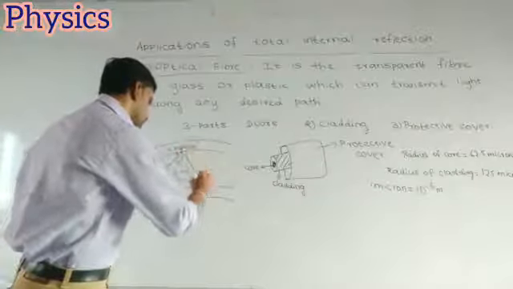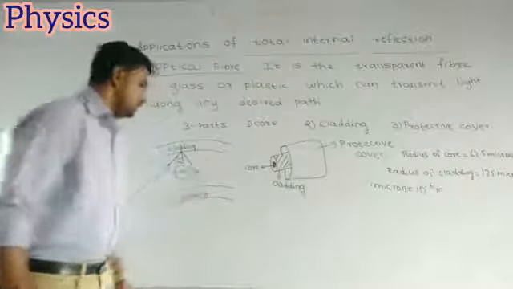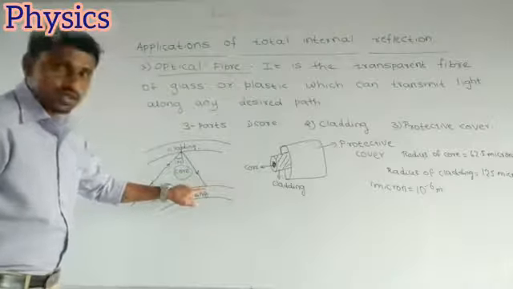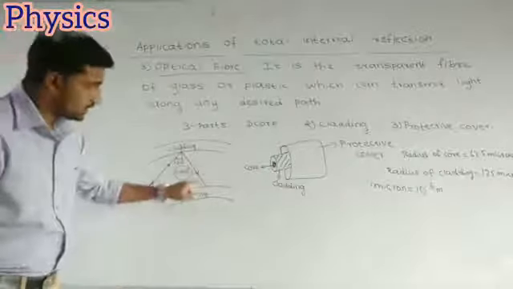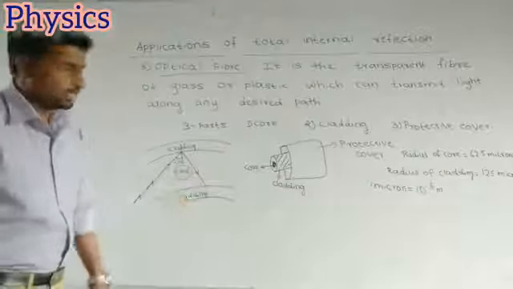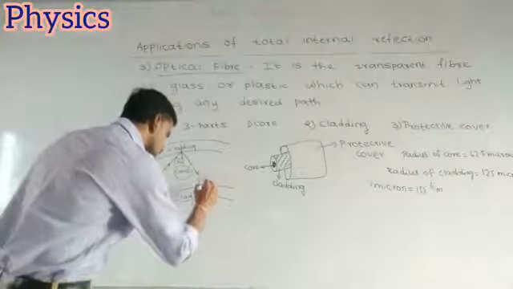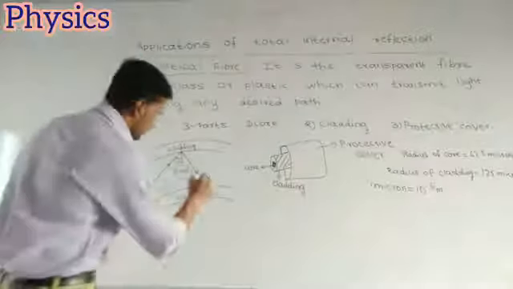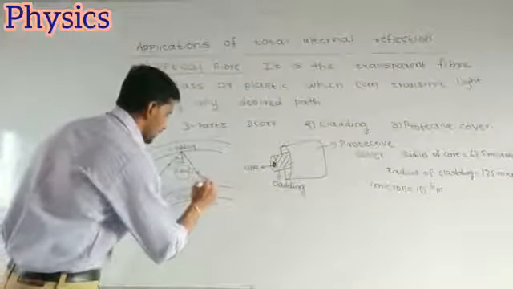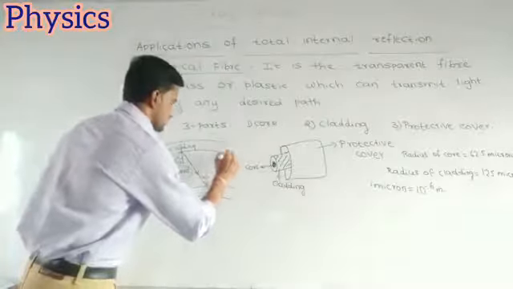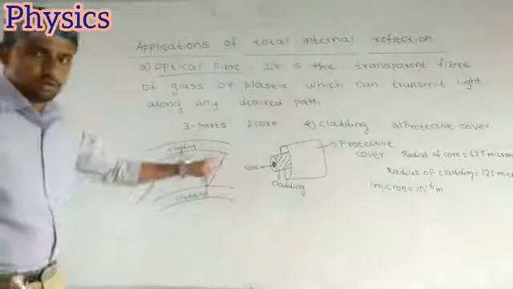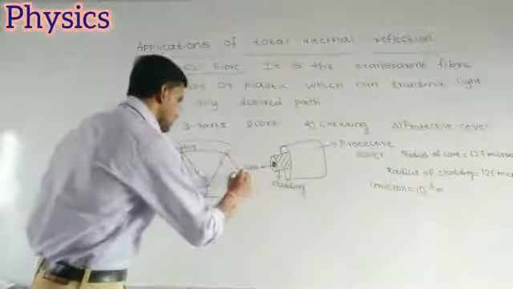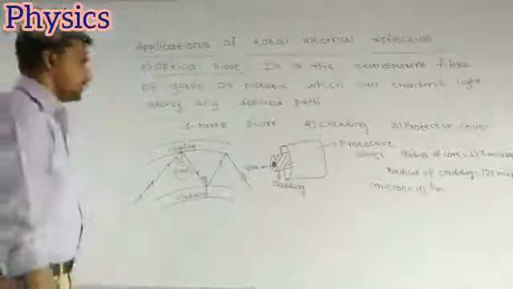That means it will reflect back like this, and hit the other interface between the core and cladding. Again, if the angle of incidence is greater than the critical angle, it will undergo total internal reflection, and finally it will come out from the other end of the optical fiber.